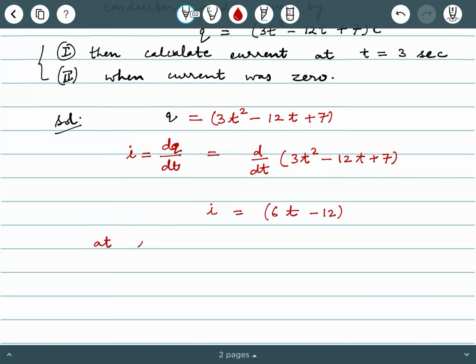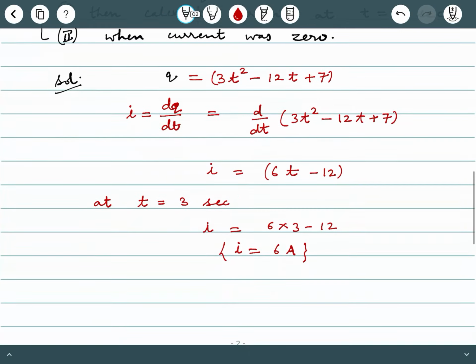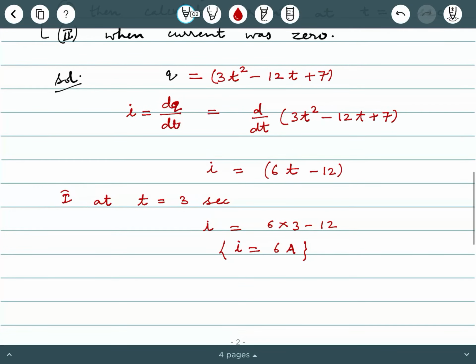Fine, at any instant. So at t equal to 3 second, I equal to 6 into 3 minus 12, means 18 minus 12, 6 ampere current is going to be there at 3 seconds. Similarly, the second part, this was the first part. Second part, when was current 0? So I equal to 6t minus 12.